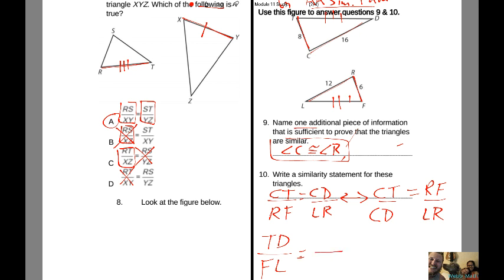It's up to you. I'll pick the smaller guy. And that's proportional to TC over FR. That would work. You could rewrite it just like how I did with the other one.